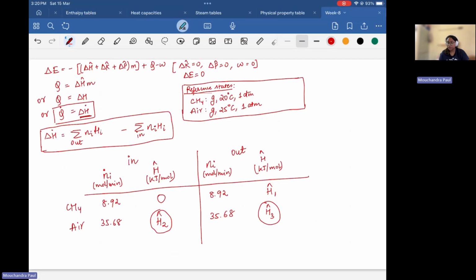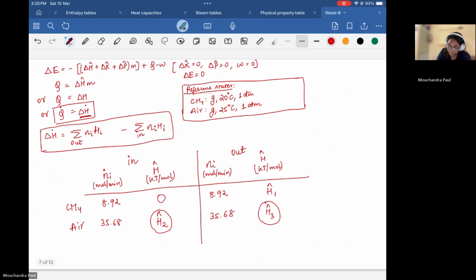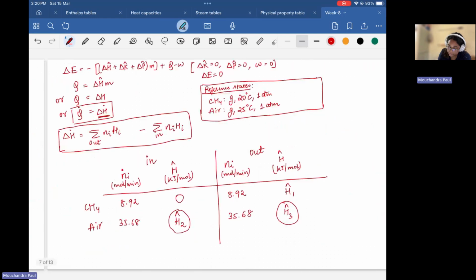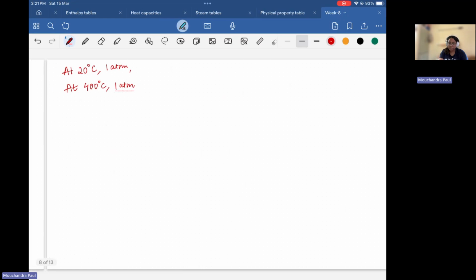Now we need two pieces of information: first, at 20 degrees Celsius, and at 400 degrees Celsius, where the pressure is 1 atm, for the species air.